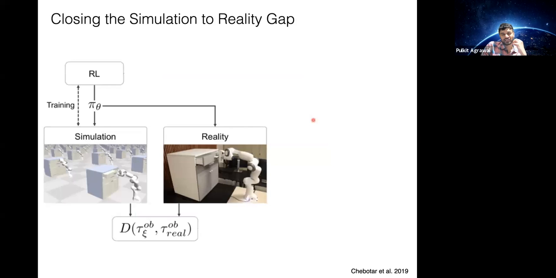Then, another thing you could do, if you have the luxury of collecting some amount of real world data, is to say, suppose I train my policy in simulation, then I apply this policy in the real world, and I get trajectories in simulation and trajectories in the real world.